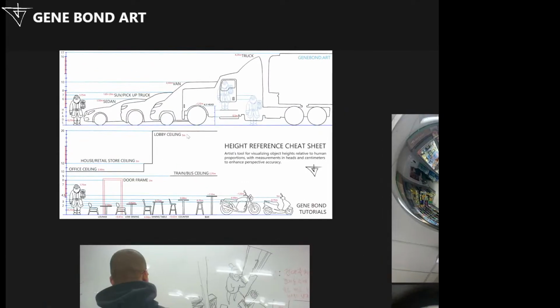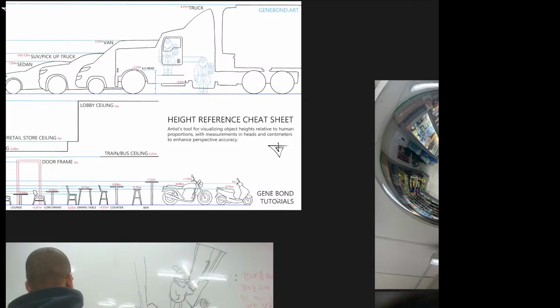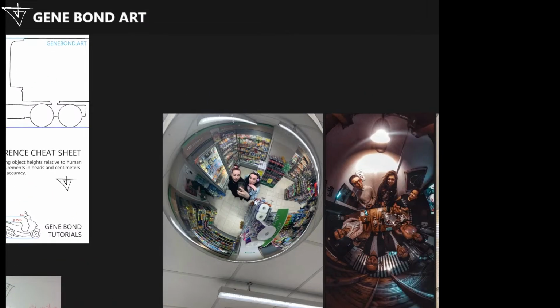So later people will write me: make a tutorial about how to draw proportions in fisheye perspective for beginners. So no, you cannot be a beginner and understand this stuff. It's not for beginners, that's the first thing.